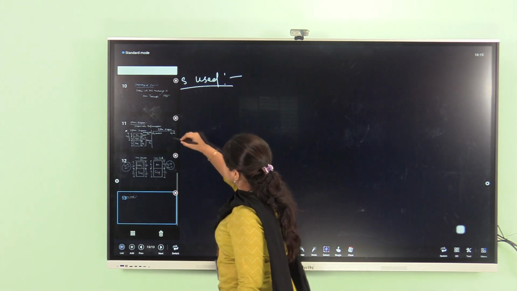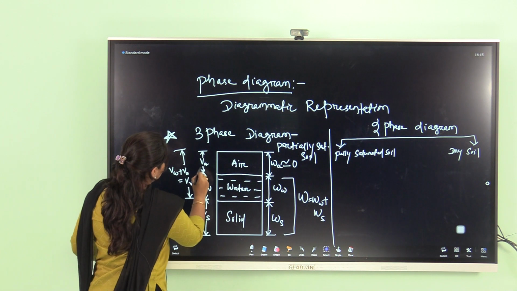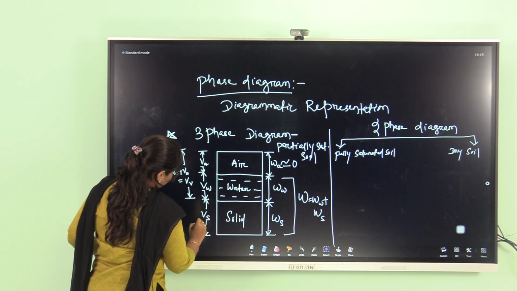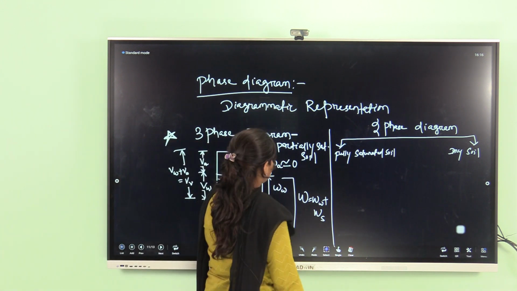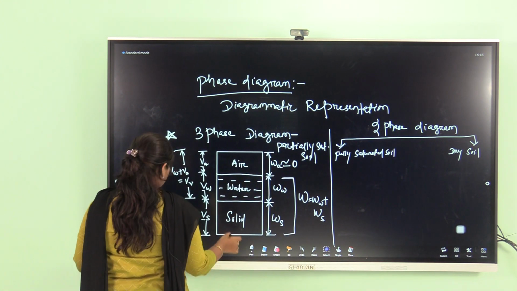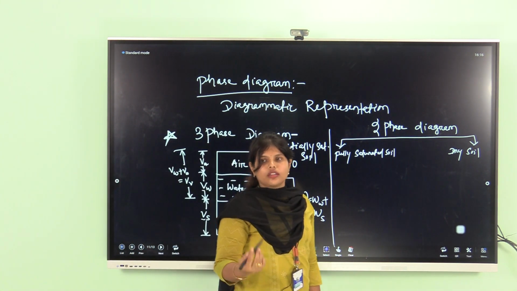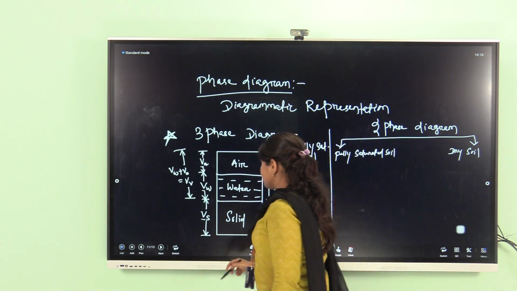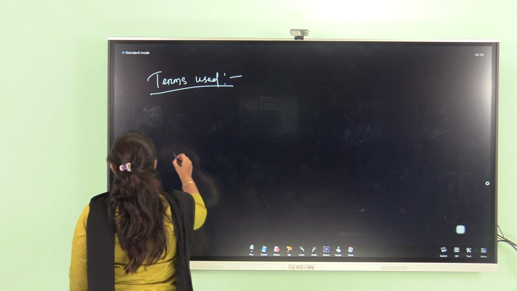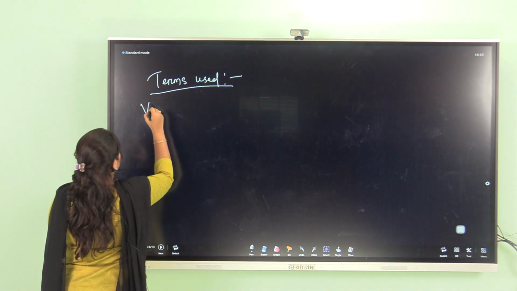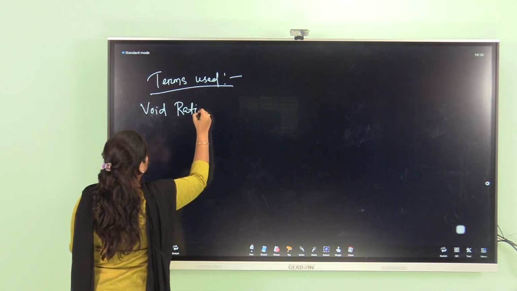Here in the three-phase diagram, we have known volume of air, volume of water, volume of solid and all these terms. Now, by using these terms, what values we can calculate, we will know. So, first term is void ratio.